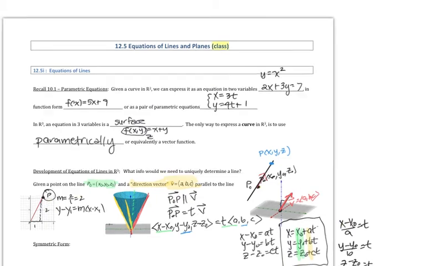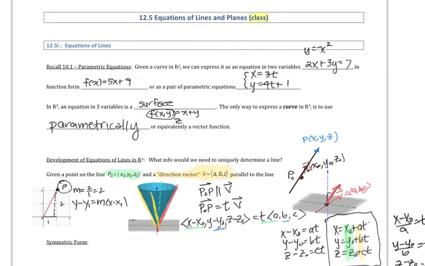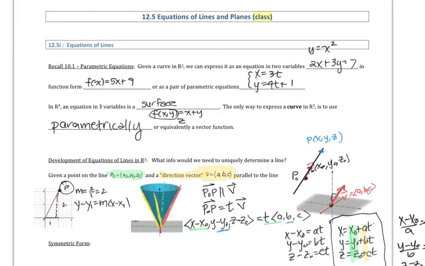And you'll see the line written this way. So that's symmetric form. It doesn't really buy you much, but it looks a little more compact maybe.